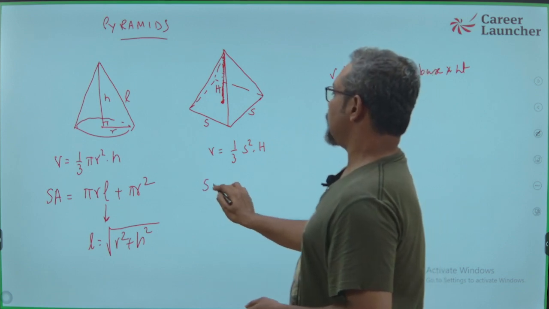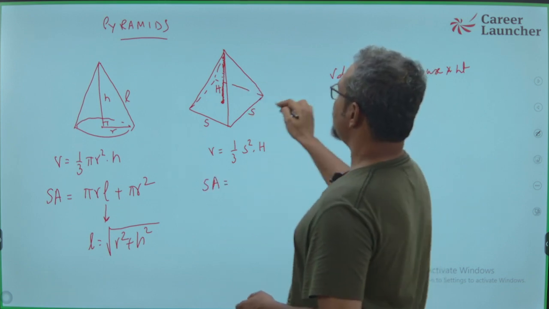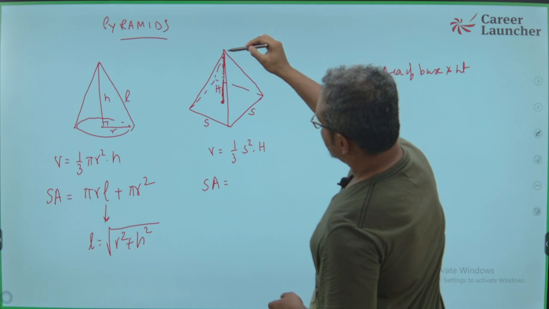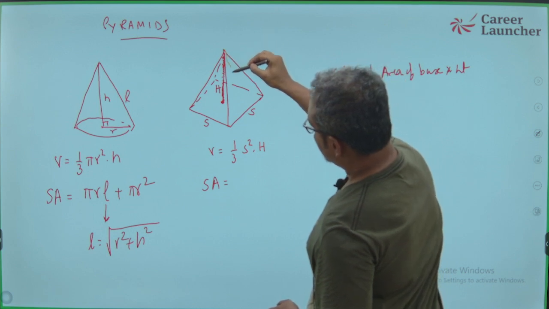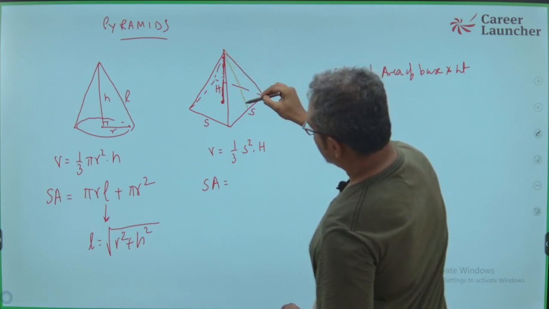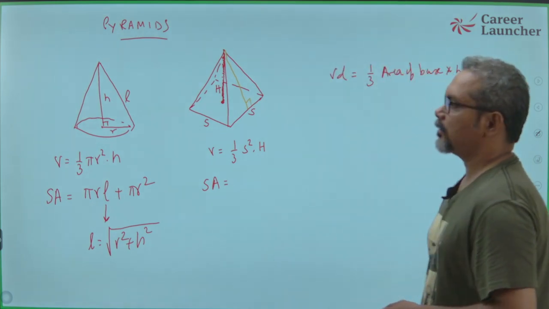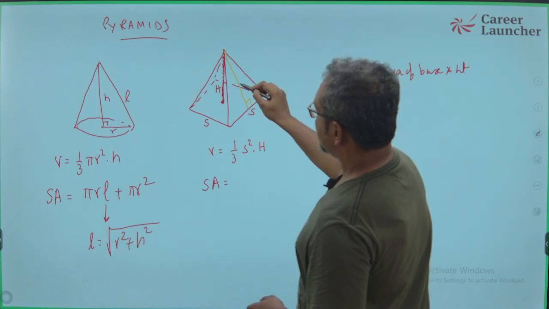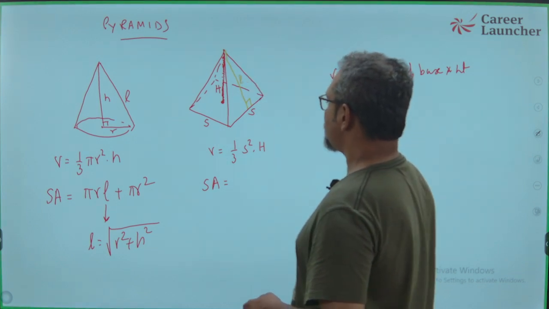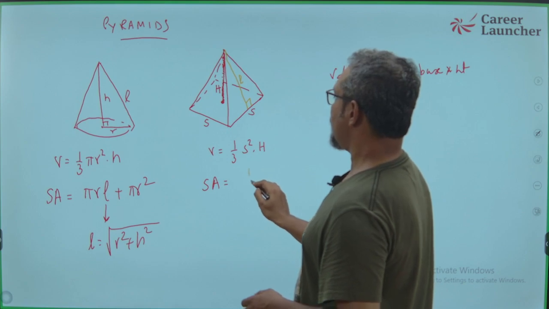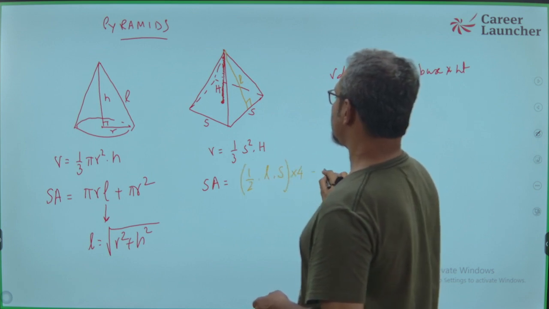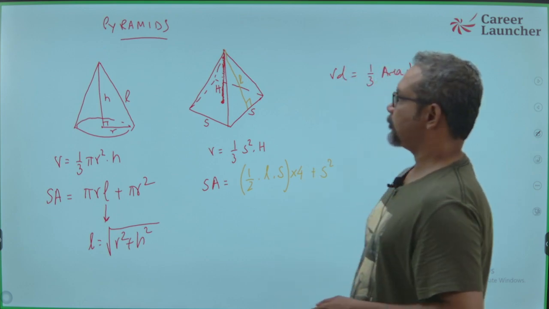The surface area would be area of each triangle. So, now if I want to find out the area of this triangle, then I would need to draw the height along that slanted triangle. Let's call that height to be L. So the surface area now will become half times L times S, and there are 4 of them, plus the base S squared.